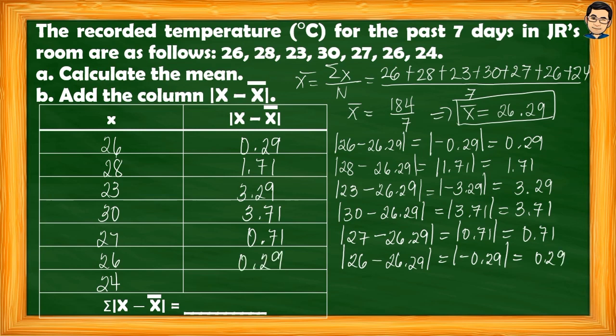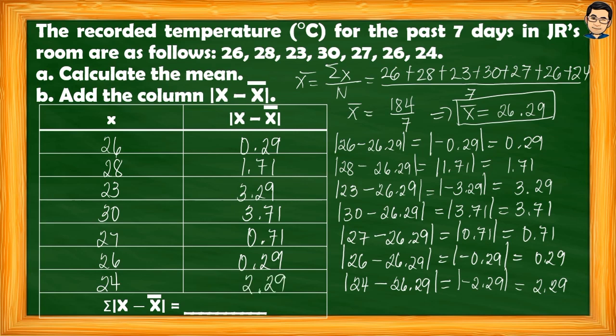And then finally, we have 24 minus 26.29. So 24 minus 26.29 will have negative 2.29. So the absolute value is 2.29.